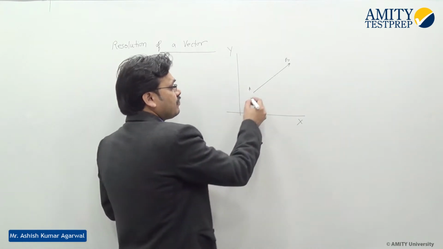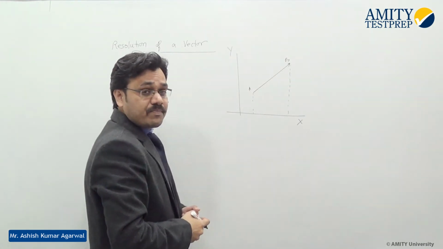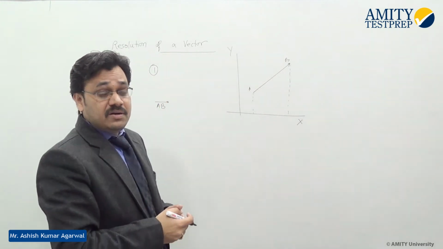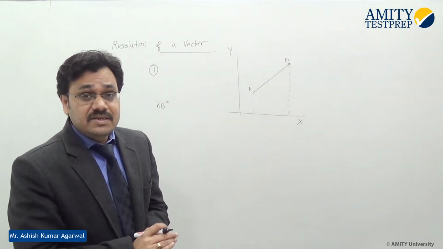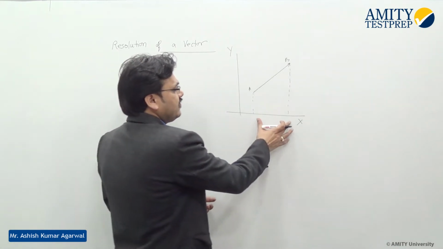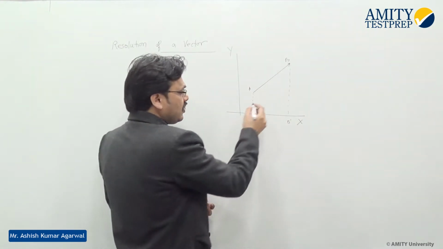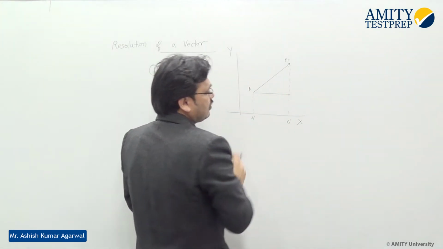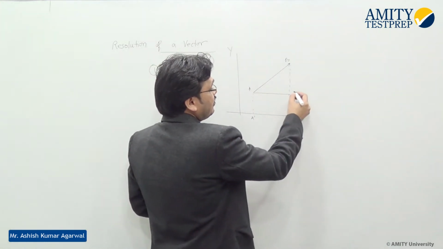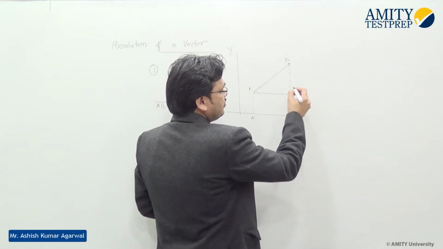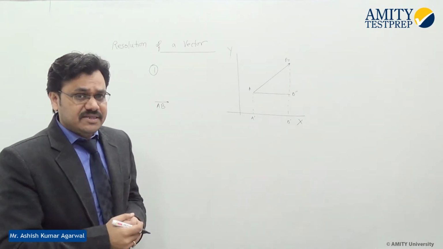So I have to give a projection of vector AB on the x-axis, which will give me the components or the resolution of the vector along the x-axis. How can I find this? Let it be A dash, B dash. So I have to draw this parallel. I have just completed this diagram. Now this A B dash, double dash here will give you the projection of the vector on the x-axis.